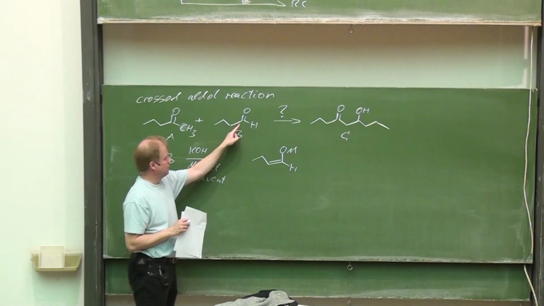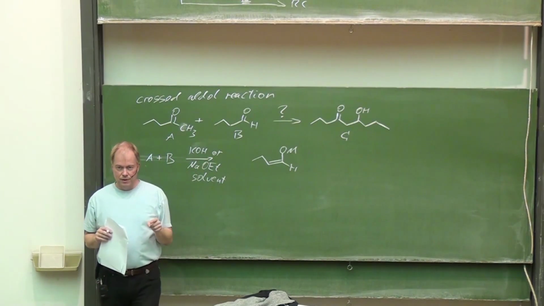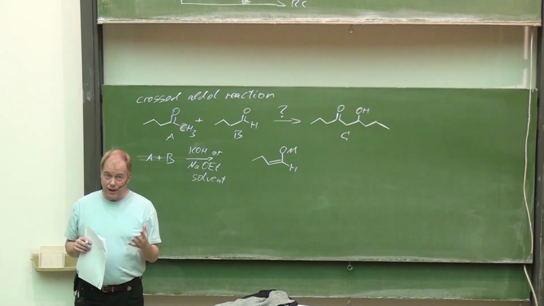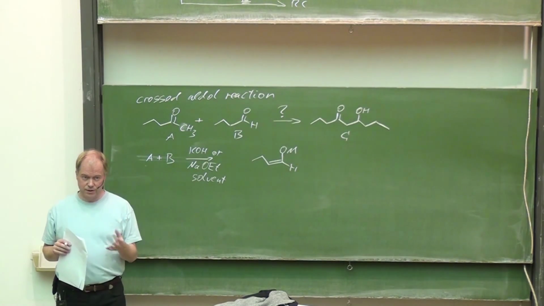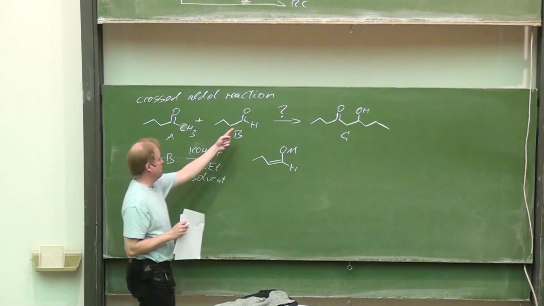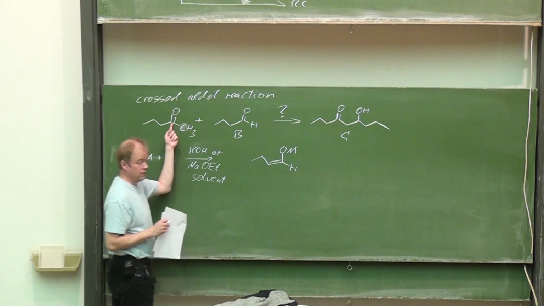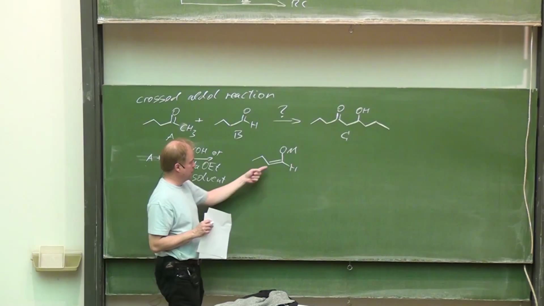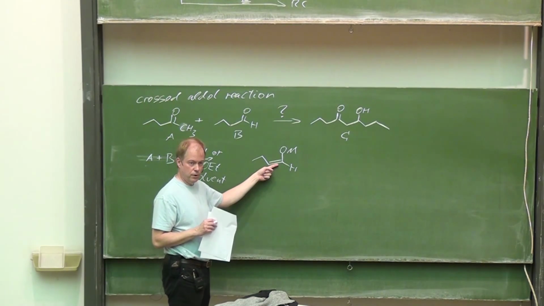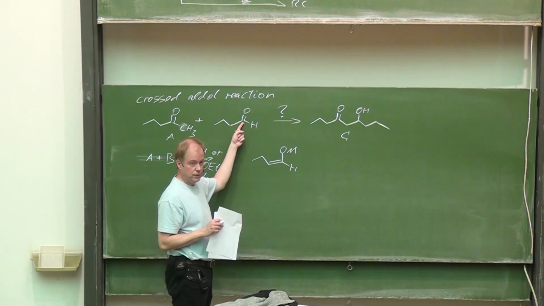Moreover, this aldehyde has also the higher carbonyl activity. This carbonyl group is more reactive than this one. And that means that this enolate will preferentially react with the aldehyde.